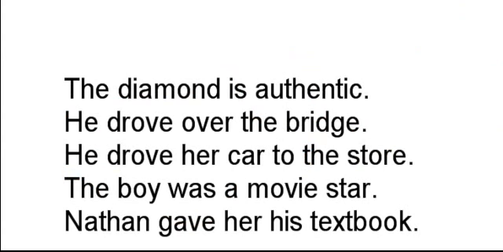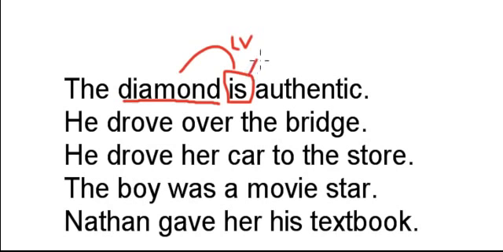Here are 5 sentences on the bottom of this page. Let's figure out what pattern we're dealing with. All right, so the first thing you do is locate the subject. Diamond is. Diamond is what? Is it an action verb or a linking verb? It's a linking verb. It doesn't describe an action. It tells what something is being.